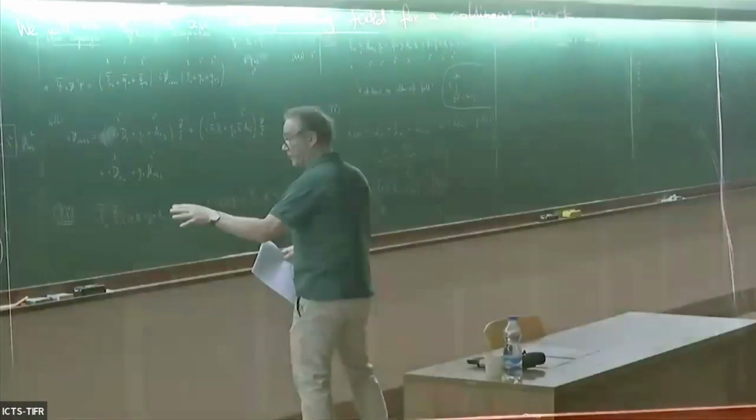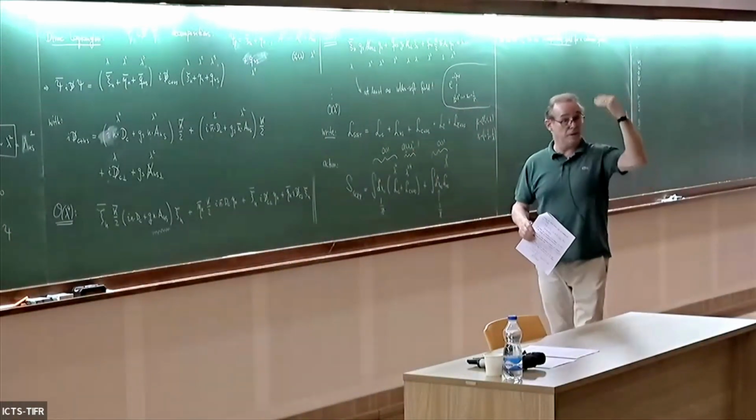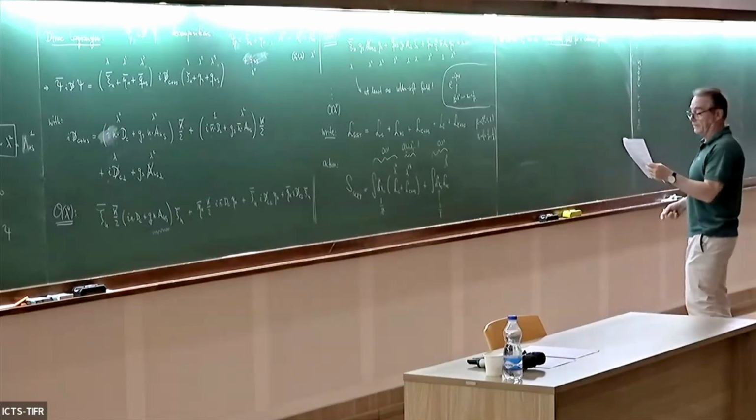Here in the case of HQET, we had v dot d, and there we had the mass term, 2m_q plus v dot d. That is different. We don't have a mass term here. But the structure of this Lagrangian, in particular, the fact that it's quadratic and you can do the functional integration over the field eta, is completely equivalent.